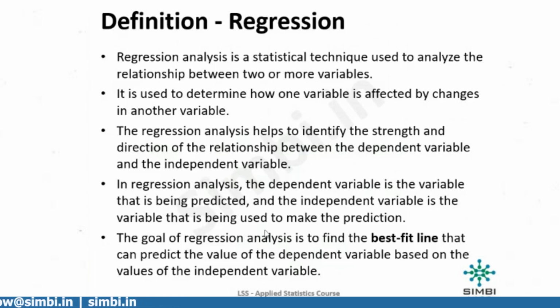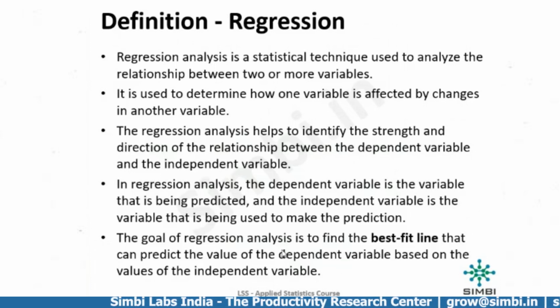The main goal of regression analysis is to find the best fit line that can predict the value of the dependent variable based on the values of the independent variable. So this is about the definition and the meaning of regression.